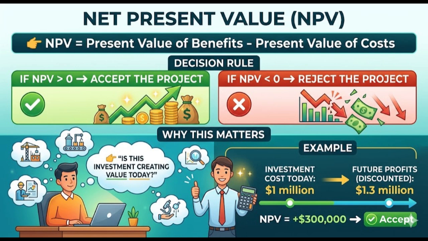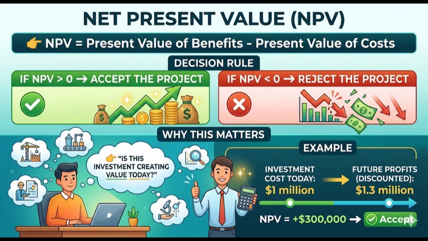Here we connect present value to real world decision making through the concept of net present value, NPV, which measures whether an investment creates value today by comparing the present value of its benefits with the present value of its costs.